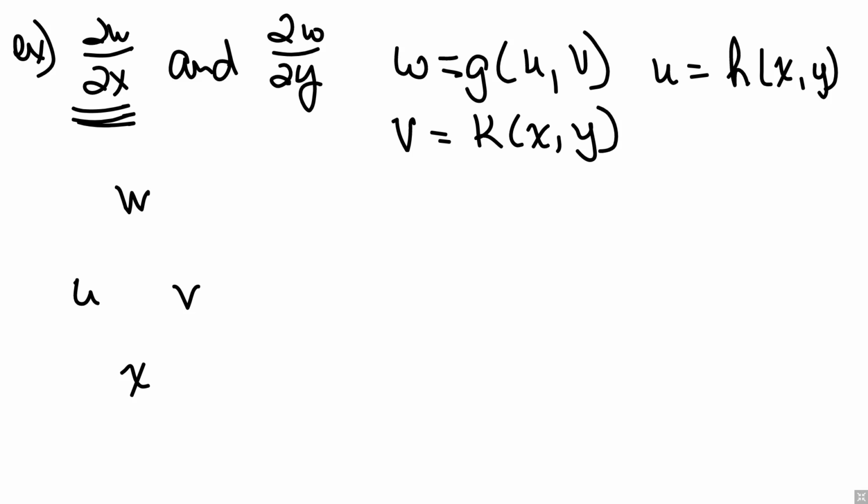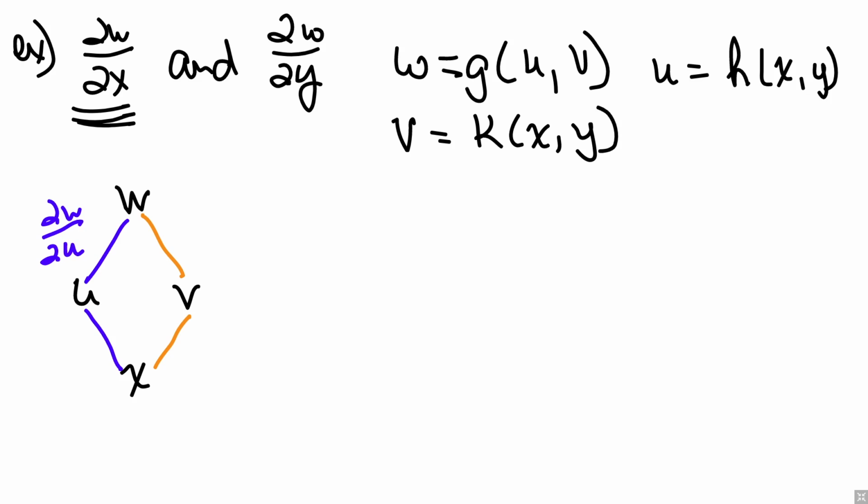So we're going to follow along this branch to here, and then from this side to here. If we start on the left-hand side, from w to u, we're going to do the partial of w with respect to u.